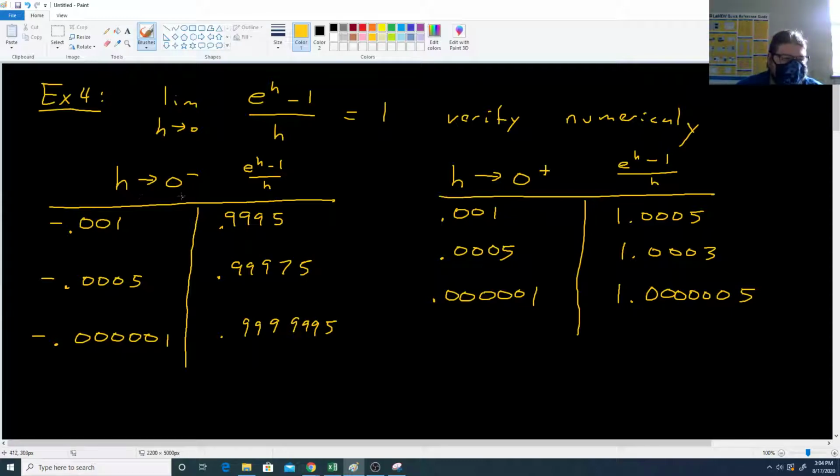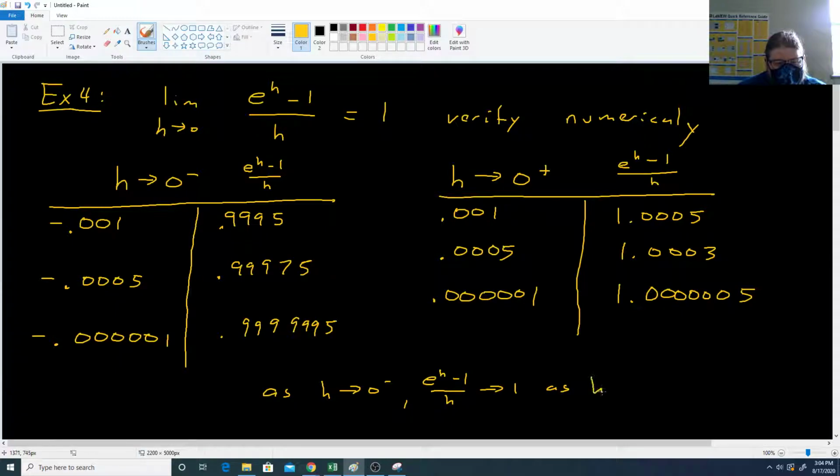So as h approaches 0 from the left, we're approaching 1. As h approaches 0 from the right, we're approaching 1. So we could say both approach, let's write it this way. As h approaches 0 from the left, (e^h − 1)/h approaches 1.